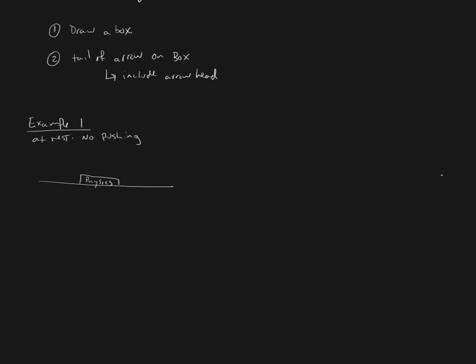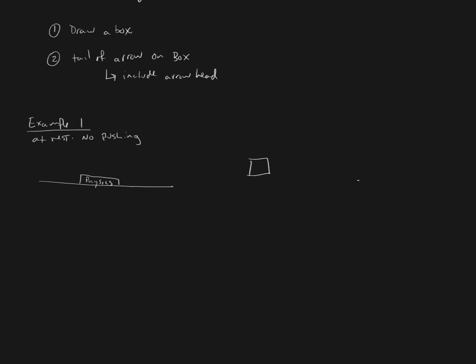Okay, in this example, what we have is a physics book which is just at rest on a tabletop. And we want to draw an FBD for this situation. We don't have to know anything else. All we know is that it's at rest on a tabletop. So the first thing we're going to do is pull the object out of the system, out of the picture.